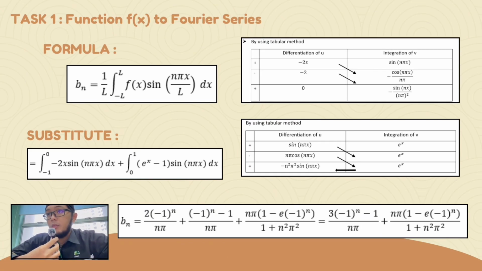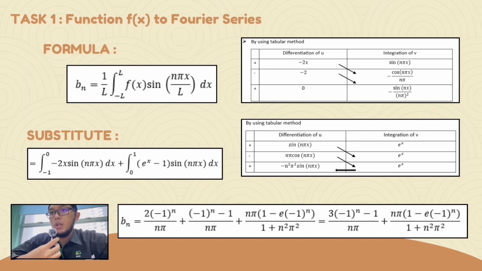Okay, then we need to proceed to bn, where the formula is 1 over L integral from negative L to L of f(x) sine(n pi x over L) dx. Same thing, we need to separate this integral into the respective limits: from negative 1 to 0, the function will be negative 2x, and from 0 to 1, the function will be e to the power of x minus 1.